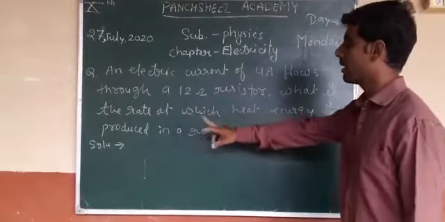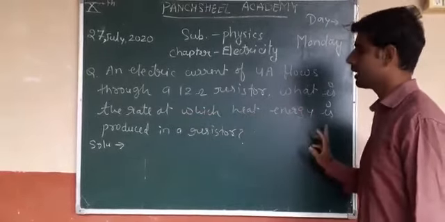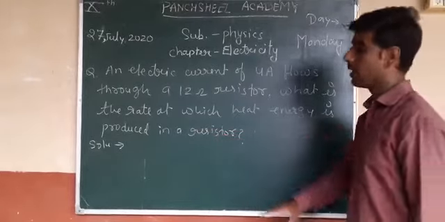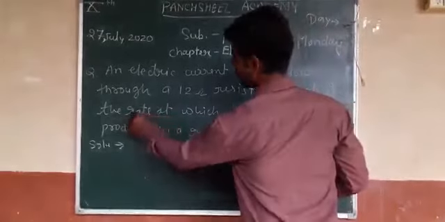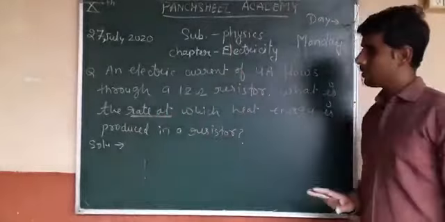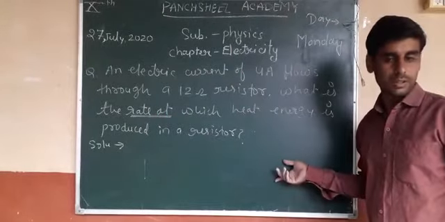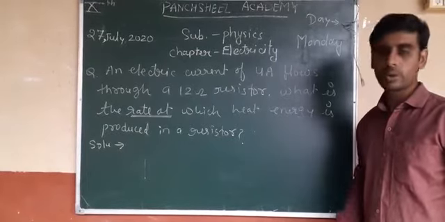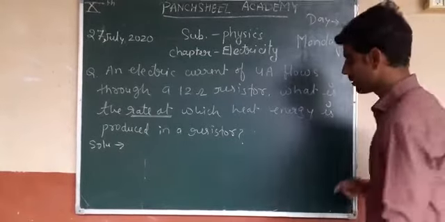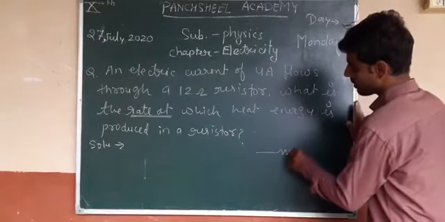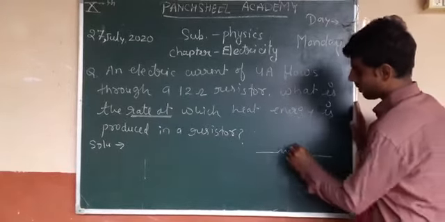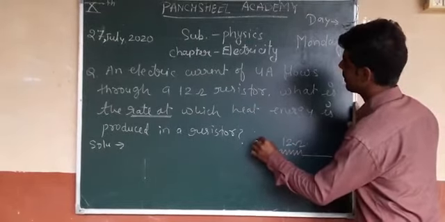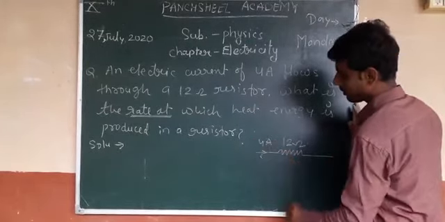What is the rate at which heat energy is produced in the resistor? From the word rate you understood that you have to calculate the electric power. This is the resistance of 12 ohm and the current is 4 ampere.